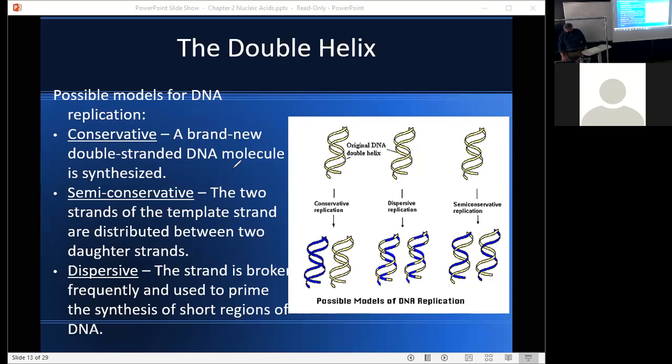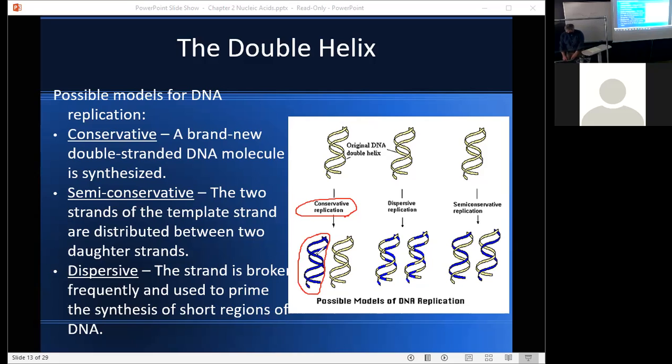So here's the conservative model over here. Here's the template strands of DNA. According to the conservative model, the template strands will be used to make a brand new double-stranded DNA molecule, which is over here. So we retain the same old template strands, and we get the brand new double-stranded DNA molecule, which is in blue.